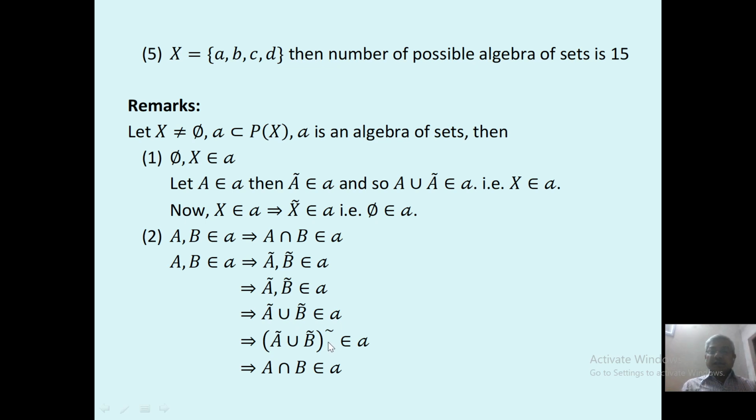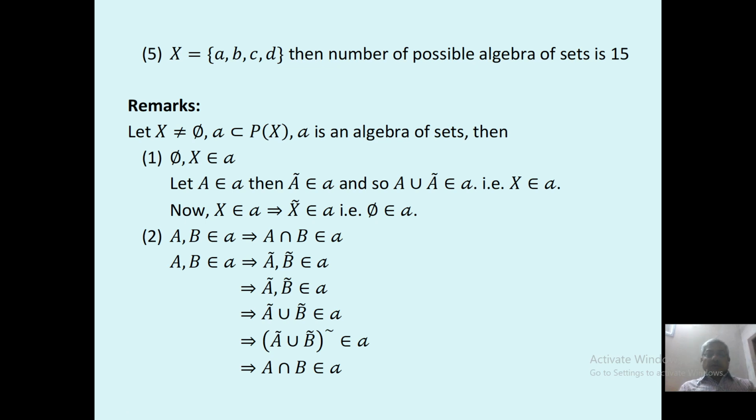Again, if we use the second condition, then the complement of the union of A complement and B complement also belongs to script A. This is nothing but A intersection B. Because how do we find the complement of the union? In the complement, the union becomes an intersection of the complements of the sets. So the complement of A complement is A, the complement of B complement is B, so A intersection B belongs to script A.